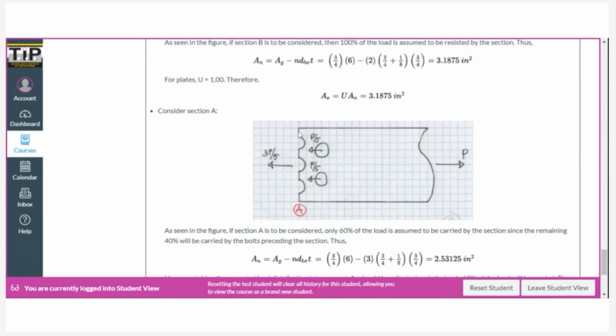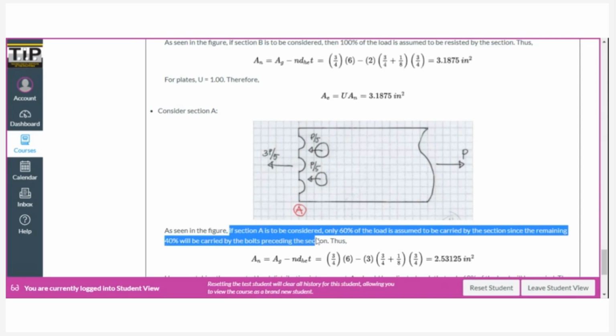So the remaining load will be carried by the section, which will be equal to 3P over 5 by static equilibrium. So if section A is to be considered, only 60% of the load is to be carried by the said section, since the remaining 40%, the remaining 2 over 5, will be carried by the first two bolts in section B.